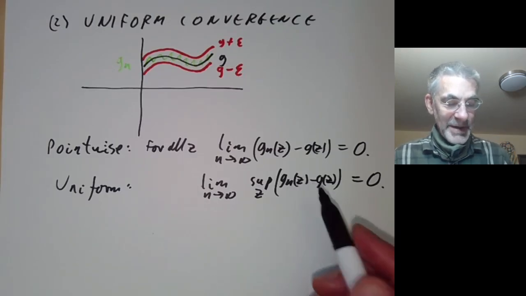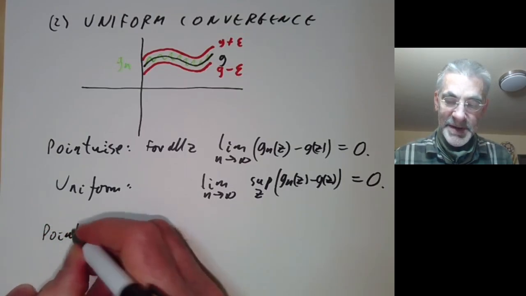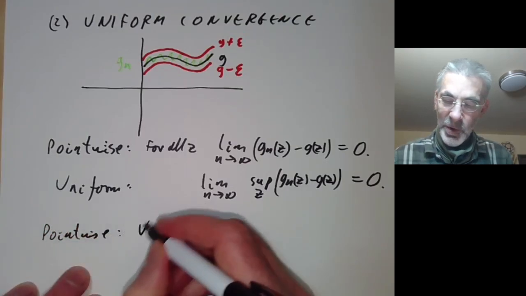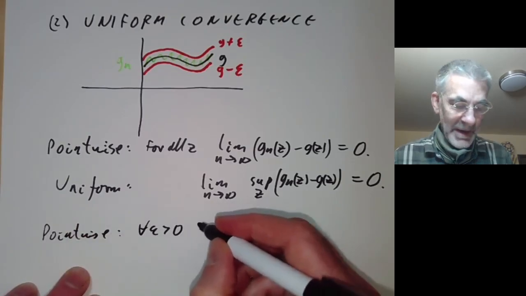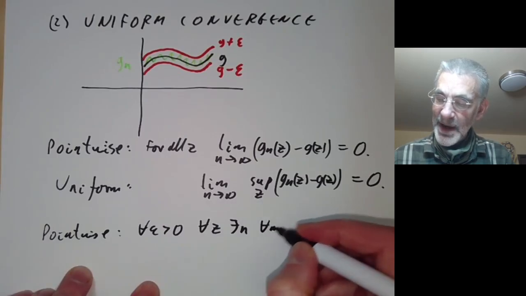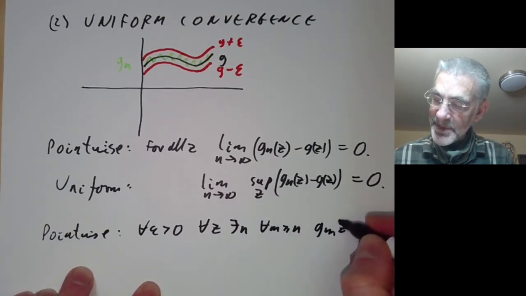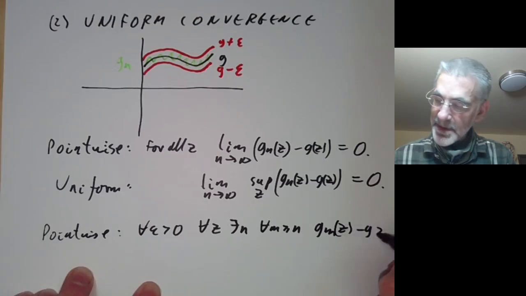You can try writing this out in terms of quantifiers. So for example, for pointwise, it becomes: for all epsilon greater than 0, and for all z, there exists an n such that for all m greater than or equal to n, |gm(z) minus g(z)| is less than epsilon.